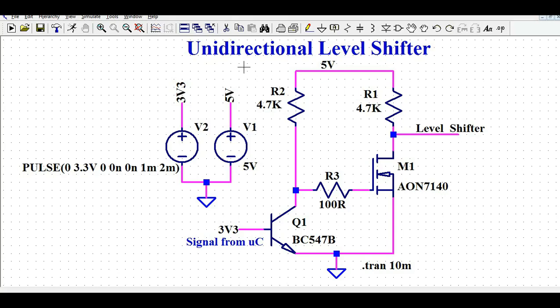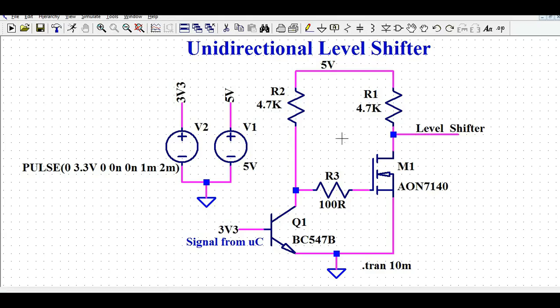So today we are going to understand about the unidirectional level shifter. That means it is going to convert one voltage level to another voltage level, but not vice versa. Vice versa is not true.